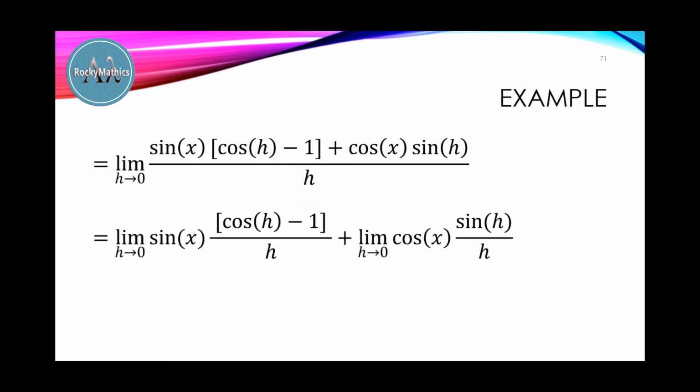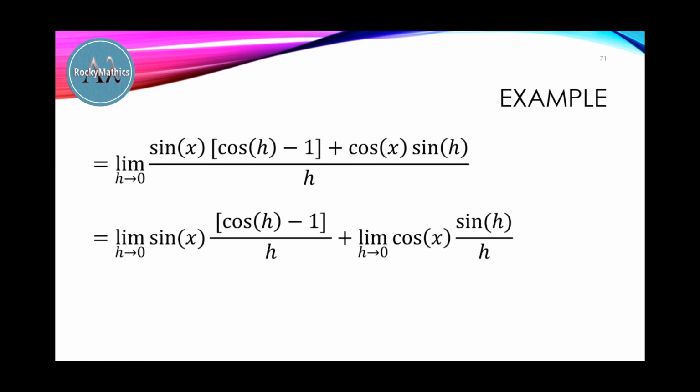Simplifying again, we can rewrite that into this whole expression. Instead of putting sine x here, we can also put sine x in this side and also cosine x in this side. So the two are equivalent.